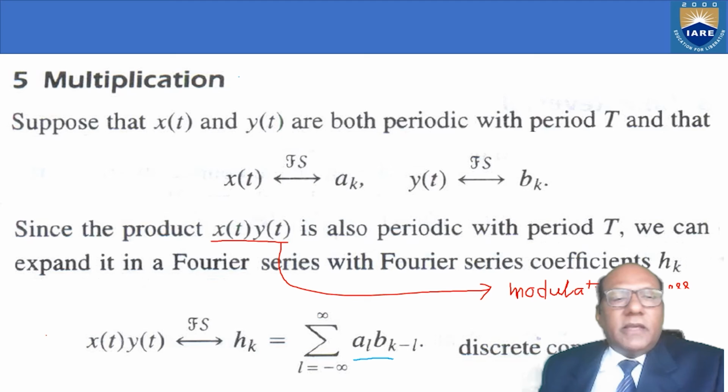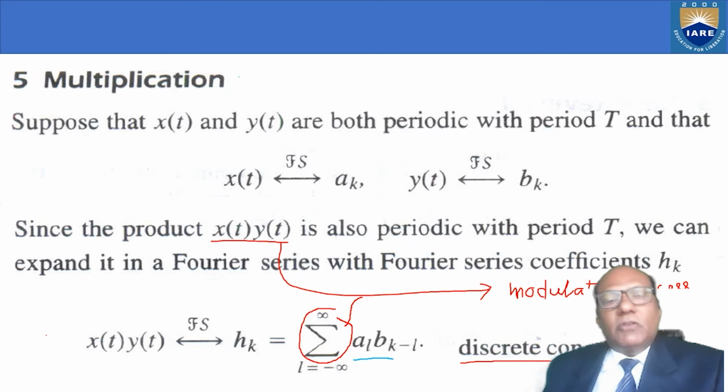Let me change the color again. In fact, what you have to see is that this is discrete convolution. Here, in this place, I would get integration, so in that case it is called the convolution integral, or continuous convolution.